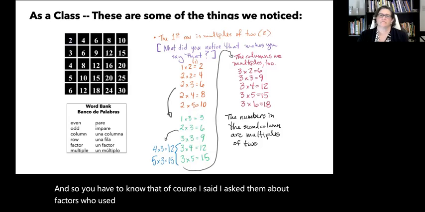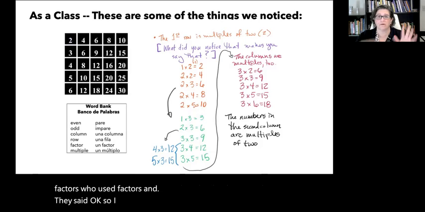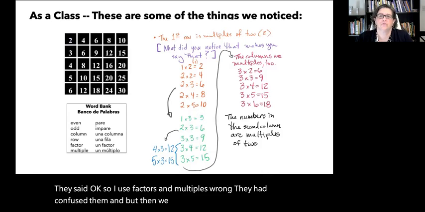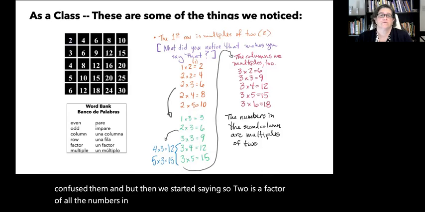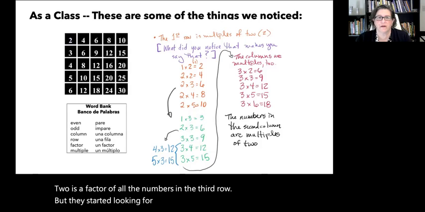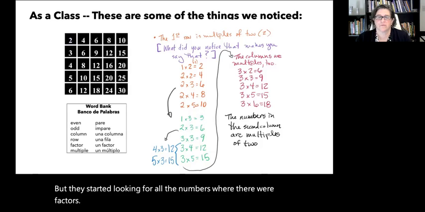And of course, I asked them about factors, who used factors, and they said, okay, so I used factors and multiples wrong. They had confused them. But then we started saying, so 2 is a factor of all the numbers in the first row. 2 is a factor of all the numbers in the third row. They started looking for all the numbers where these numbers were factors.